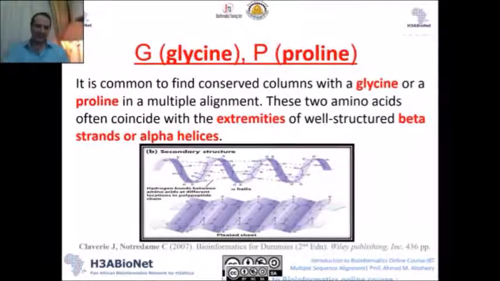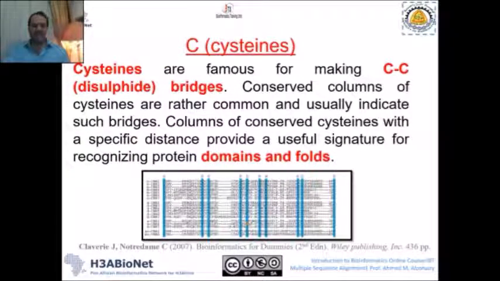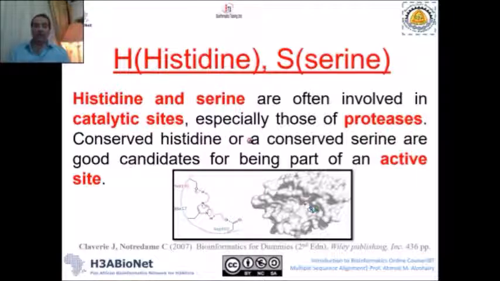Cysteine, of course, forms disulfide bridges, which will contain columns of cysteine. So conserved columns of cysteine are common and indicate such a bridge. And conserved cysteine columns with specific distances provide a useful signature for recognizing domains and folds. Also, histidine and serine are often involved in catalytic sites, especially those of proteases.